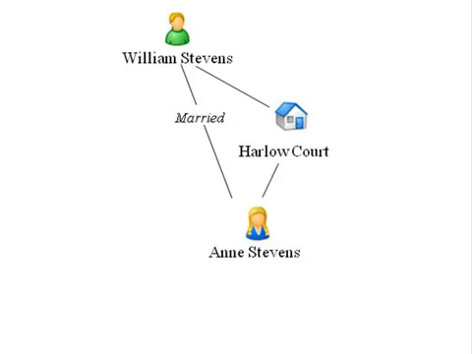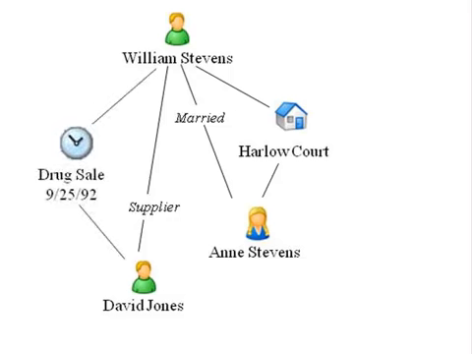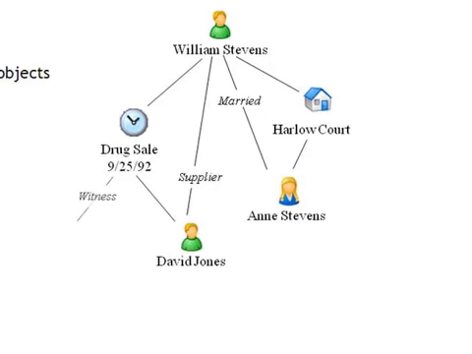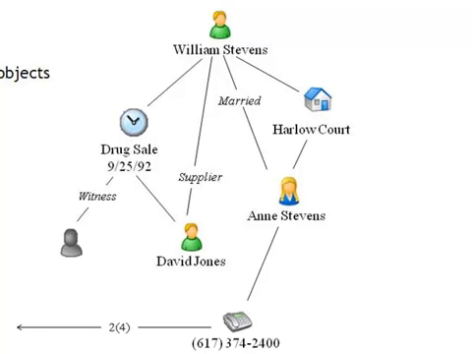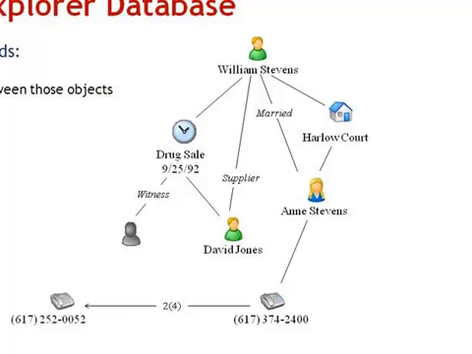From there we can see that Stevens has supplied Jones. This drug sale was done on the 25th of September 1992 and witnessed by an unknown person. We can also see that Ann Stevens is linked to a telephone. This telephone receives and makes calls from other phones on a network.